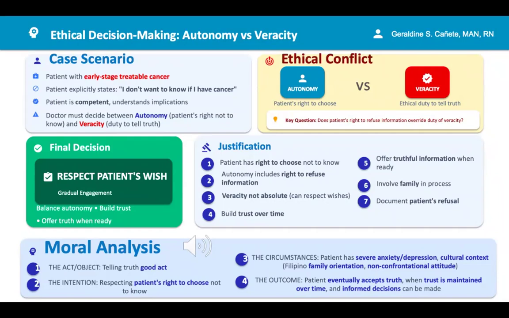For autonomy, patients have the right to make decisions about their medical care, including the right to refuse information. Now, I would like to ask you, why is respecting patient autonomy considered so important? What are the potential benefits of allowing patients to make uninformed decisions?